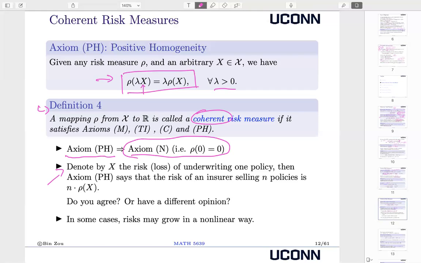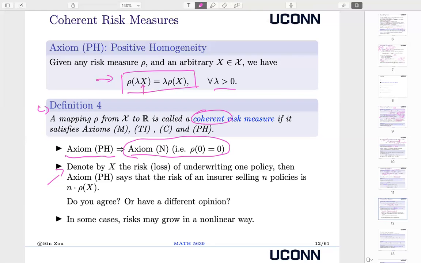If n is relatively small, probably we are more likely to agree the axiom of positive homogeneity holds. But when n is very, very big, we probably don't like the idea of positive homogeneity, right? Because we tend to think diversification should kick in.